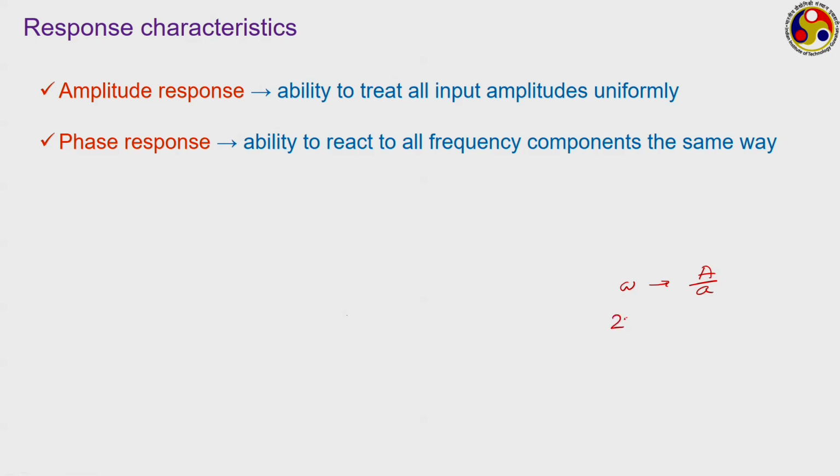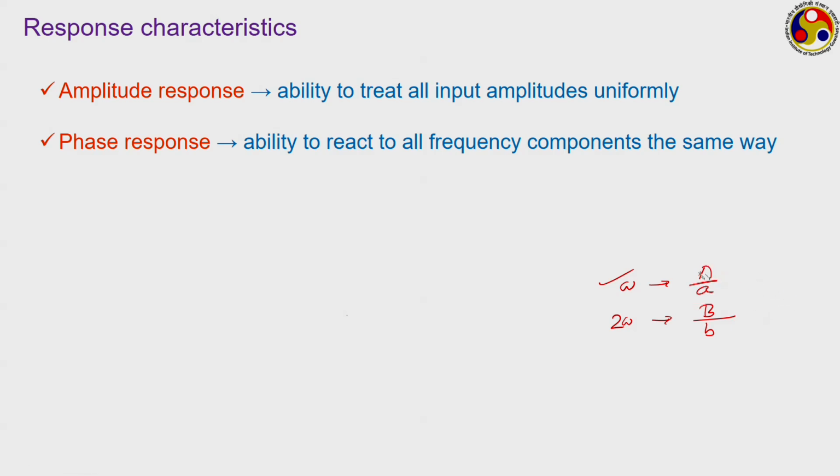Now, when the frequency becomes twice omega and the ratio is capital B upon small b, if these two are equal to each other, then we say that the system has a good phase response, at least for these two ranges, because for both frequencies it is giving the same ratio of output to input signal. This particular ratio is often referred to as the gain or the amplification of the input in terms of output.